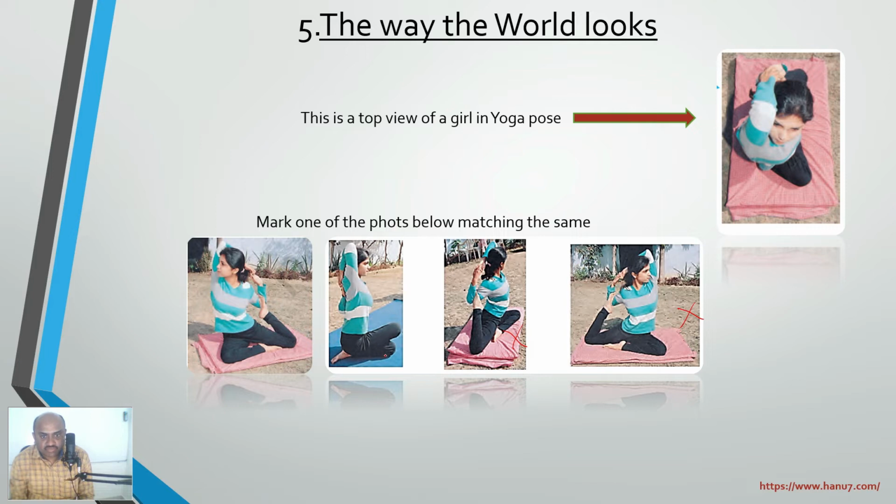In this case both legs are one on the other, but as per the picture one leg is apart from the other. Even though the right hand is correct here, the legs are not matching, so we cannot say this either. So this is the right answer, the perfect match for that pose. The right hand is raised and the left leg is bent.